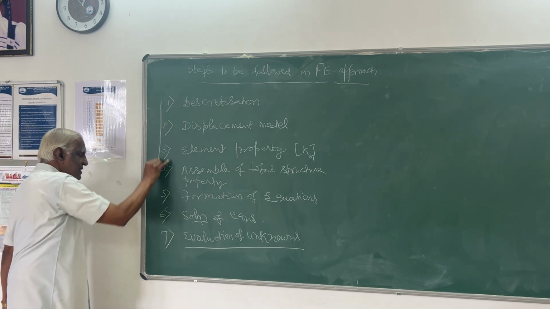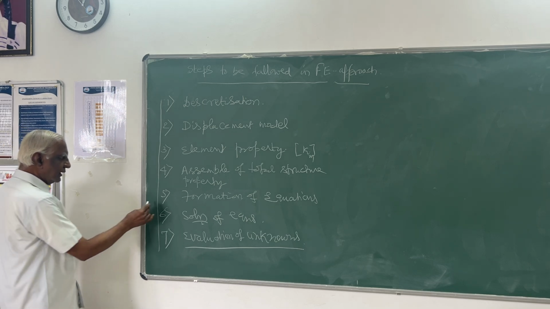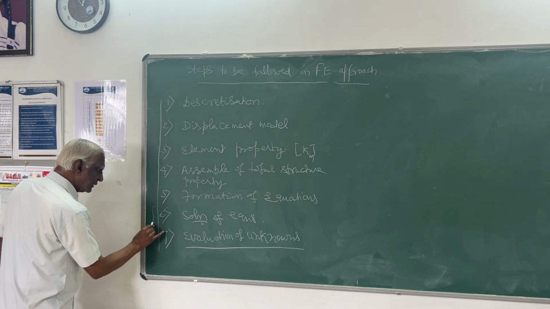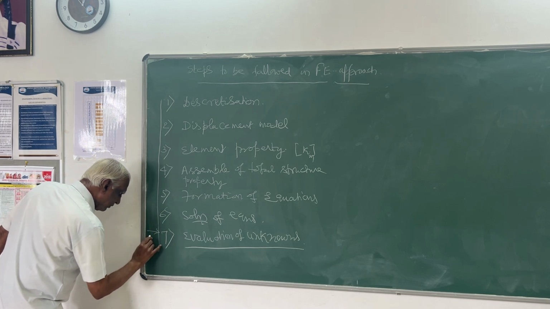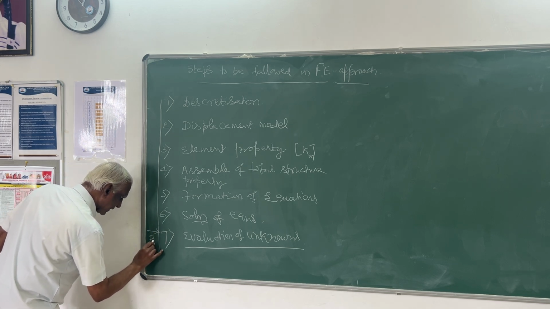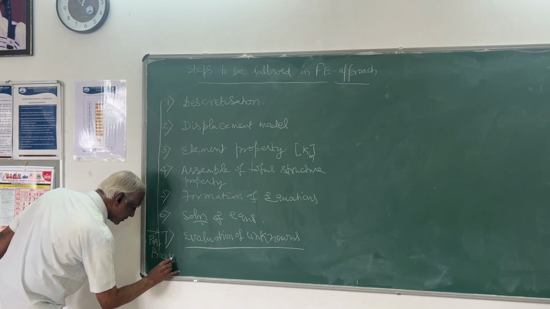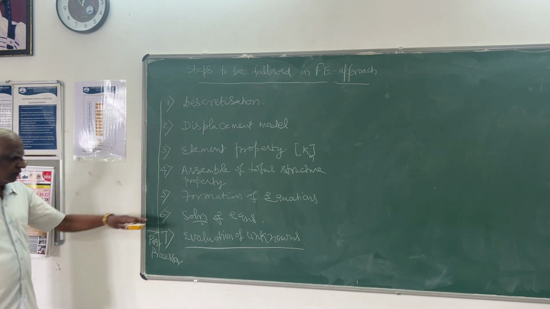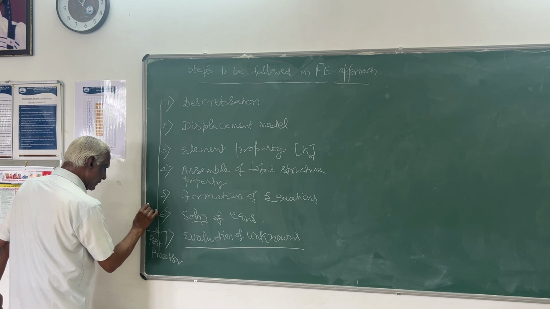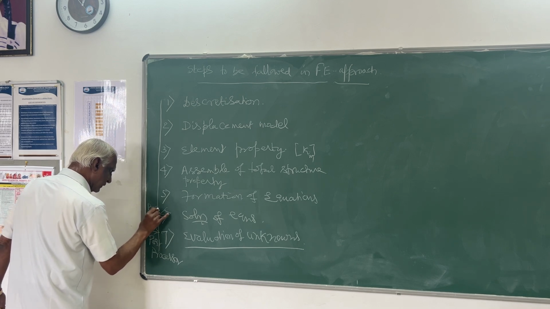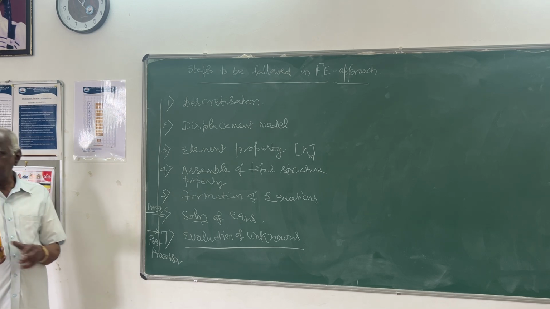These are the 7 steps we are following. This last step is the post-processor. If you use the computer, this is called the post-processing unit. This middle step is the process, the internal code in the computer.